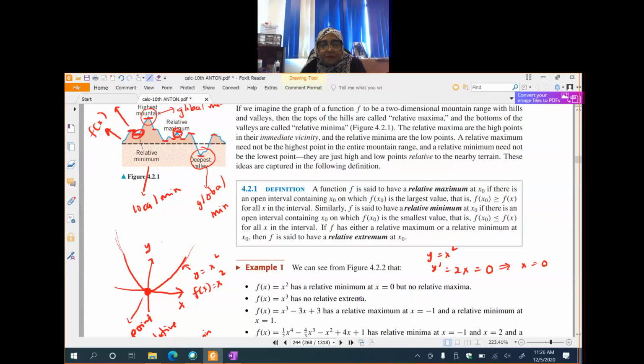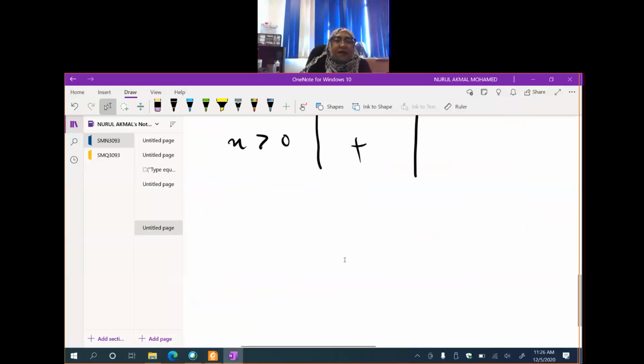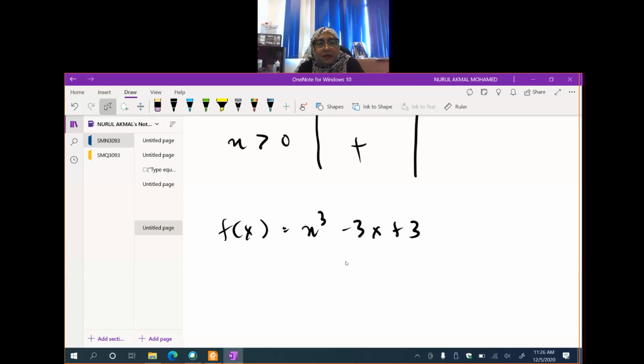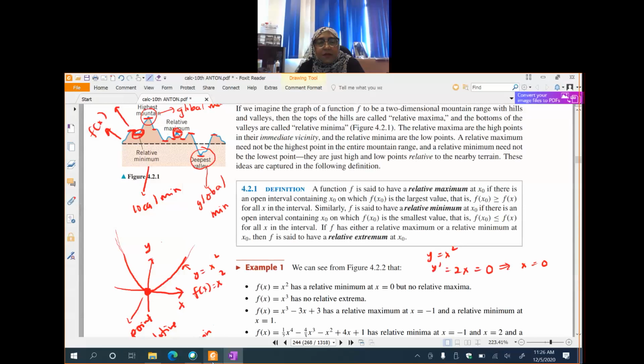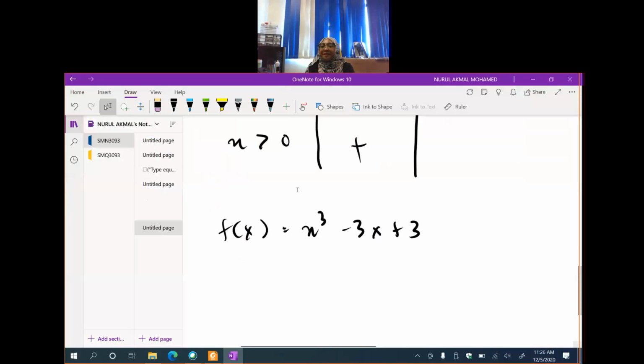Then x cubed minus 3x plus 3 has a relative maximum at x equal to -1 and a relative minimum at x equal to 1. So f(x) equal to x cubed minus 3x plus 3, correct.